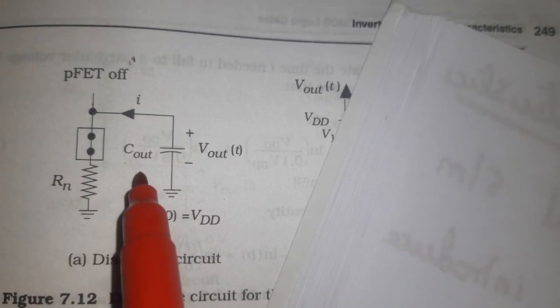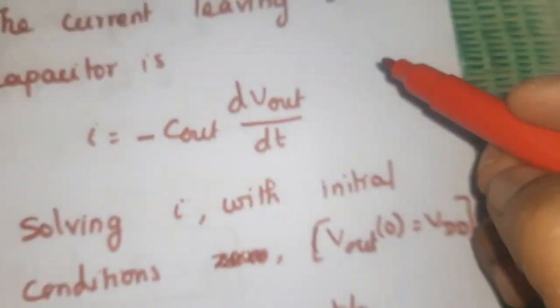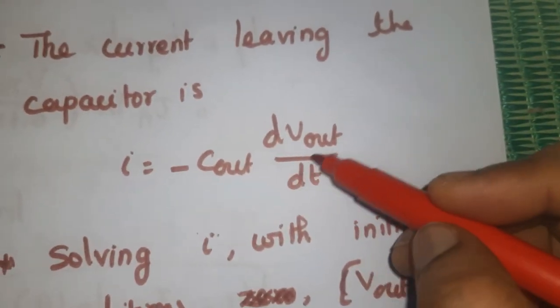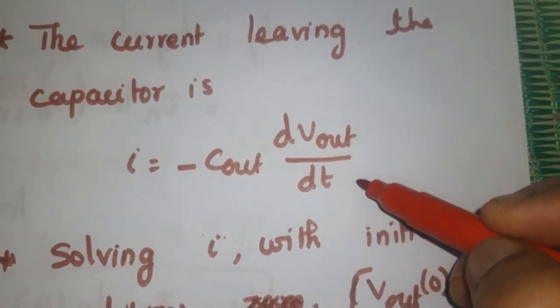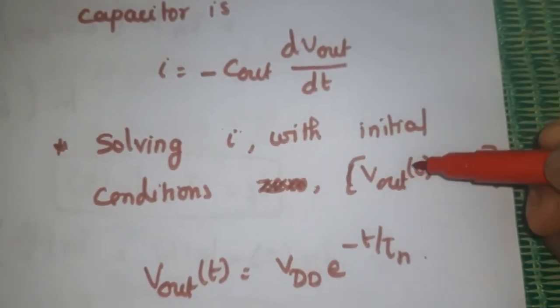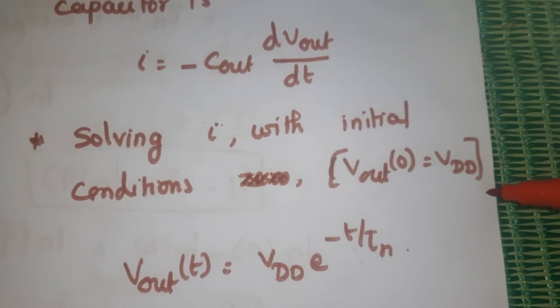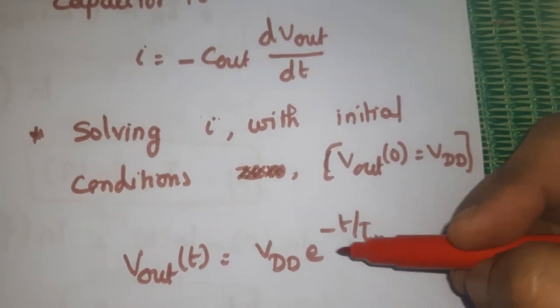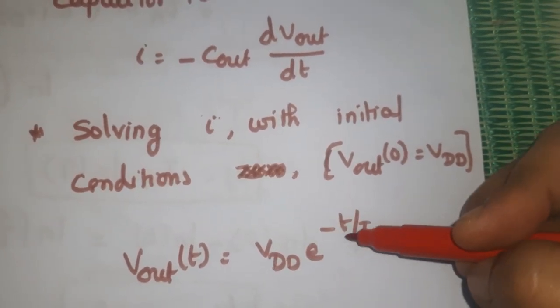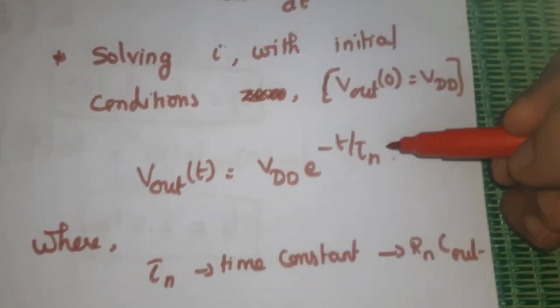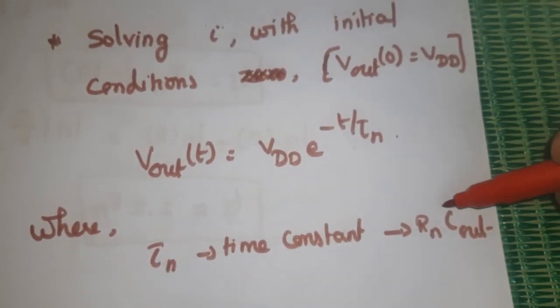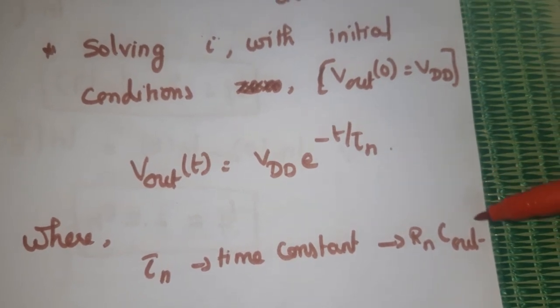Using that, the current is equal to minus C out dVout divided by dt. Solving this with the initial condition Vout(0) equal to VDD, we get Vout(t) equal to VDD e to the power minus t by tau n. Here tau n is the time constant, equal to Rn into C out.